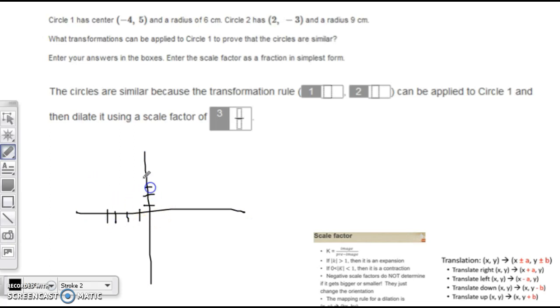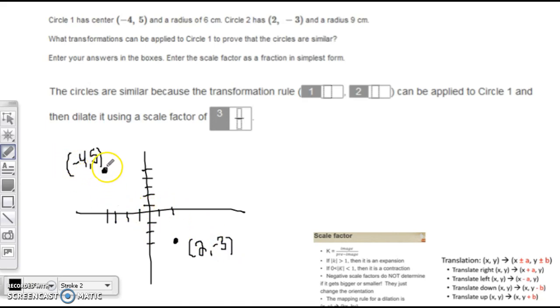And a lot of people are like, well, I don't graph because I don't have graph paper. Hey, check it out. I don't have graph paper here either. I'm just kind of sketching it. So if we start at (-4, 5), and we end up at (2, -3), we need to figure out how far we are moving that center, how far we're translating it.